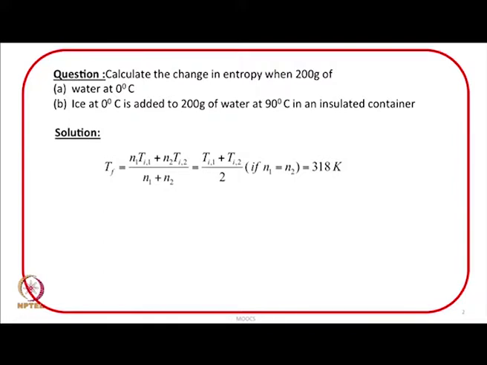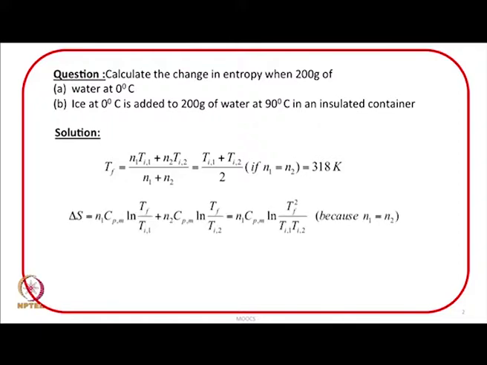Since we know the final temperature, we can calculate the entropy change by using the well established equation that we derived earlier. That is, for the first sample of water, delta S for the first sample is N1 times molar heat capacity into log T final over T initial, plus for the second sample, N2 times Cpm times log T final over T initial.